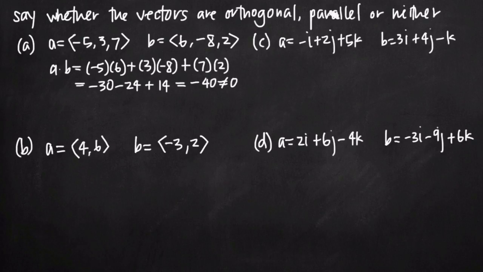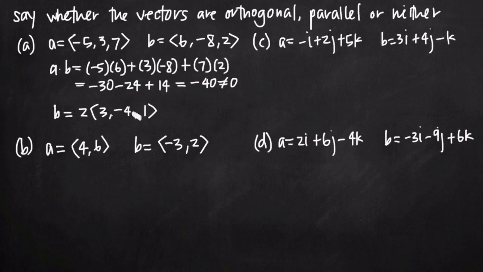Now, if the vectors are parallel, their components will be equal to one another, or their factored components will be equal to one another. In other words, if we had two vectors, -5, 3, and 7, and -5, 3, and 7, they would be parallel. Or if we could factor something out, like for example this vector here, b, we can say that b is equal to, factor out a 2, 2 times 3, -4, and 1.